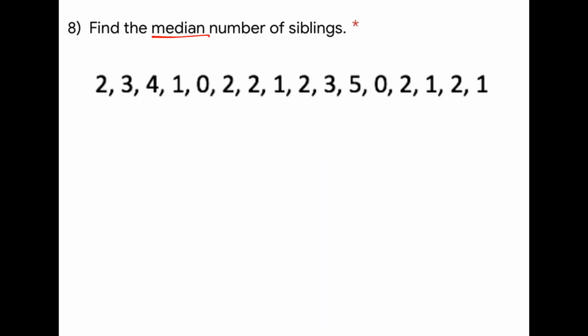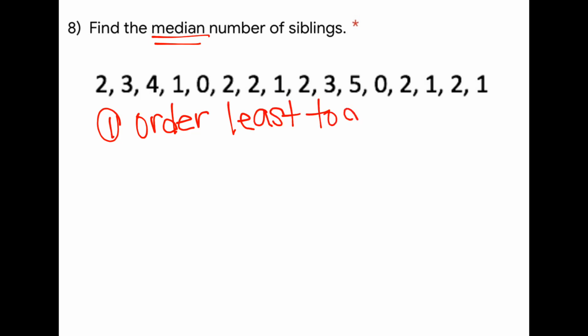Find the median number of siblings. Once again, our step 1 is to order from least to greatest. Remember to cross off your numbers as you order them so you know you have them all.